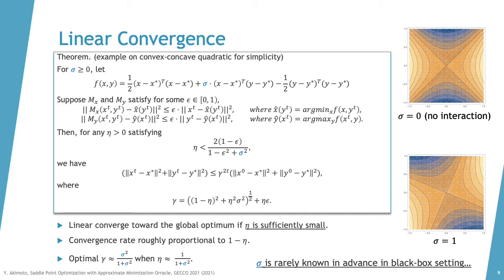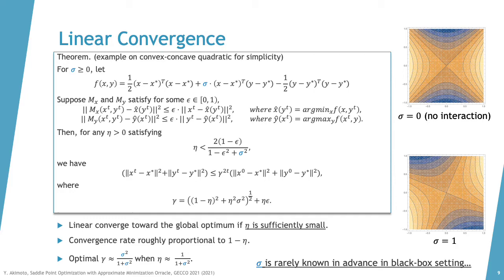Therefore, we have investigated its convergence property on a relatively simple situation. Here, for the sake of simplicity, we consider the convex-concave quadratic function presented here. Since a smooth objective function can be approximated by a convex-concave quadratic function around locally minimax saddle point, we expect that the analysis on the convex-concave quadratic function will provide us an important insight into the algorithm's framework.